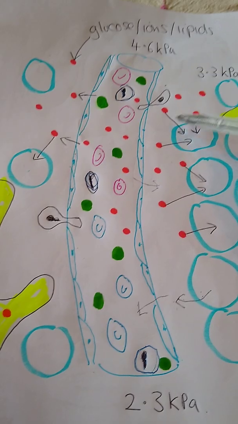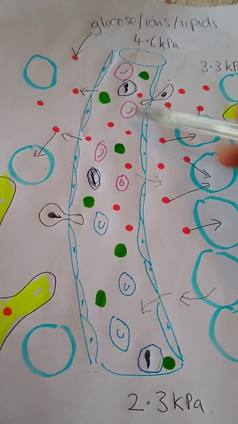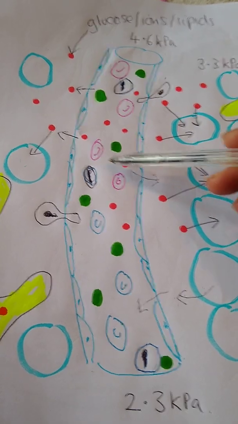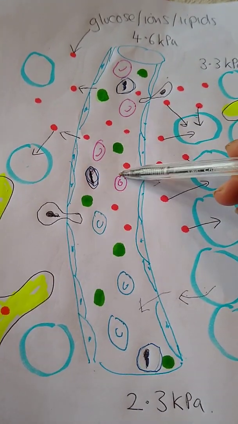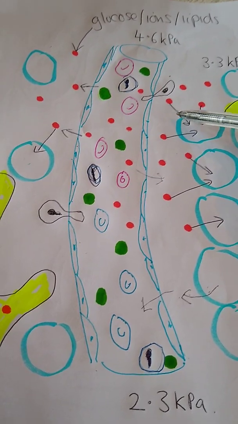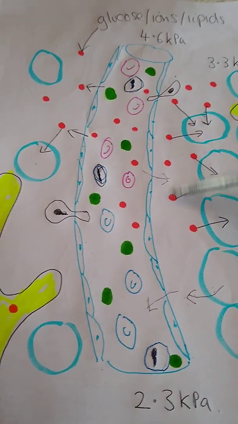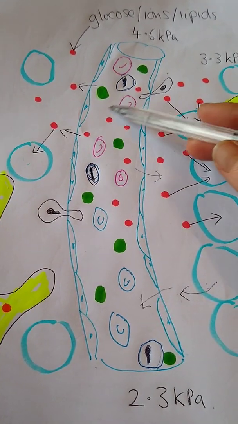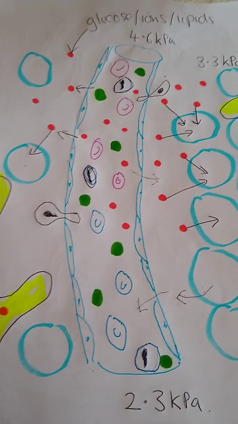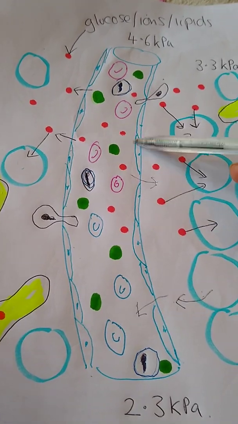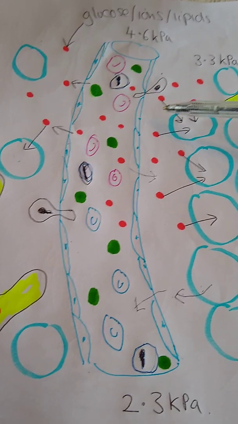So water would naturally, if there wasn't anything else happening, want to move that way. Because of osmosis, water moves from a region of high water potential or low solute concentration to a lower water potential or high solute concentration.